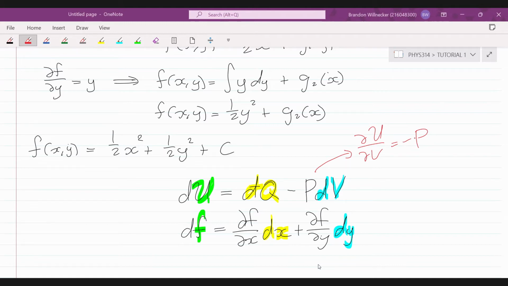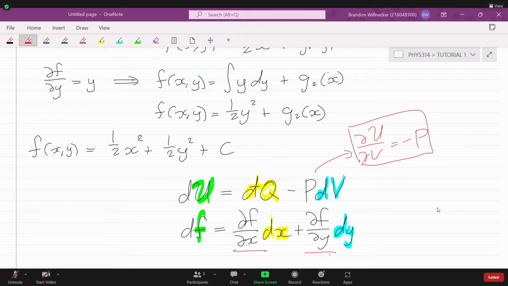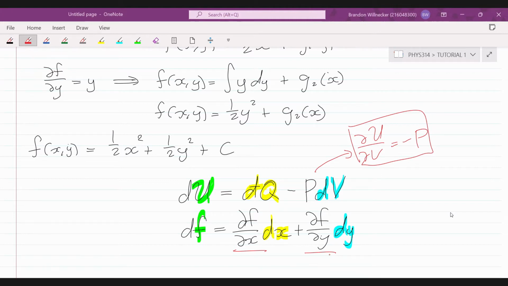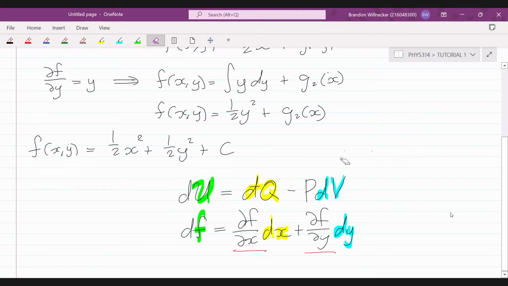Okay, but already you can see where this is being used. We know that du is exact, so it must satisfy this expression here. However, we can't do that for dq because that's inexact. So we can't do this. Okay. Any other questions on this?